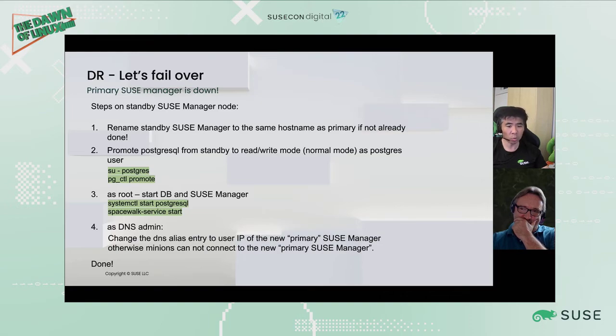So that everybody who wants to connect to either the web interface, or the minions or proxy server, need to reach out to the SUSE Manager via hostname will receive the new IP address of the new primary SUSE Manager. Now, this part of the job is very critical and needs to be done by DNS admins.